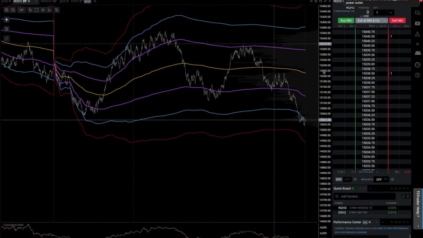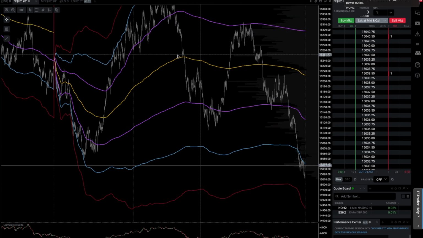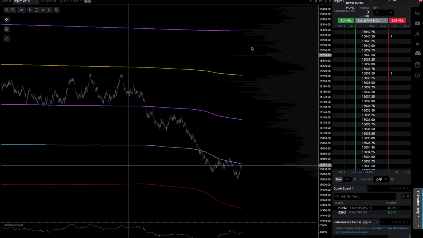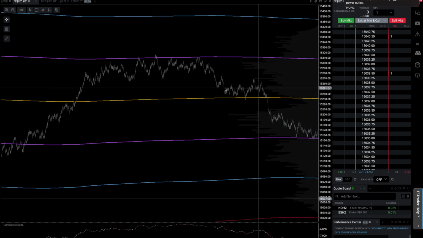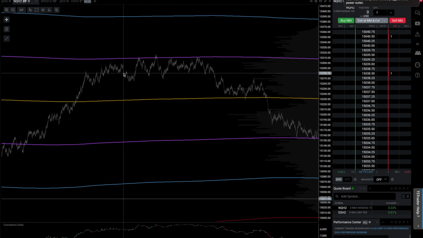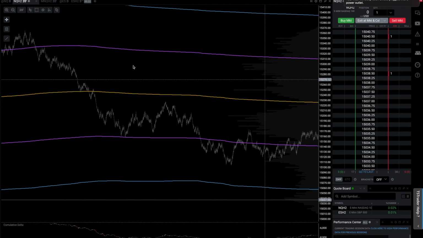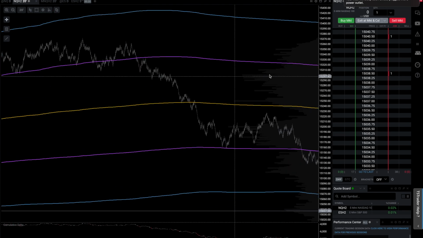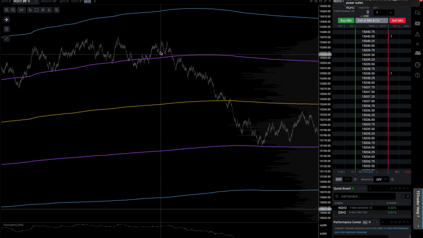Okay, so this is why I like using ranges, because it actually gives you a lot more detail. And if we go to 9 o'clock, you can see right here.